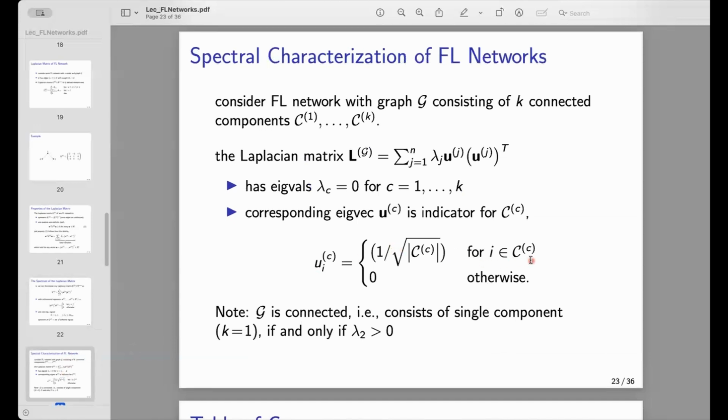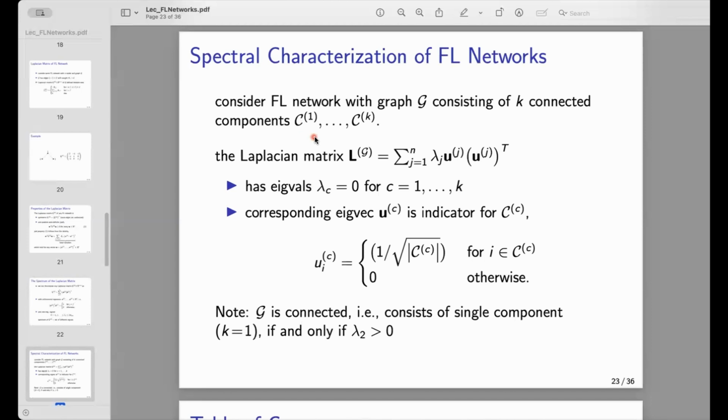Okay, what is more, we can also read off a lot about the cluster structure from this Laplacian matrix. In particular, suppose the federated learning network consists of k connected components. So let's say the graph splits into k components, and there's no connection between any two different components, but each component itself is connected.